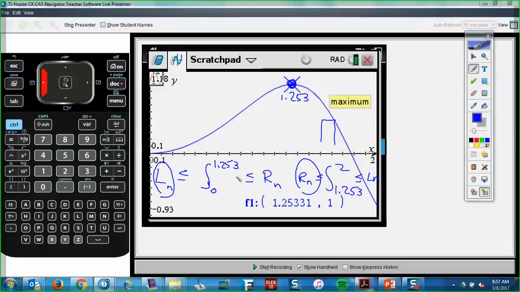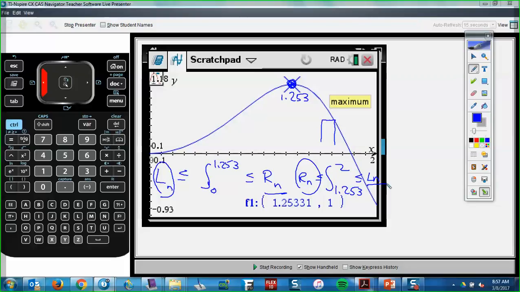And then if we took these rights and added them with these lefts, that would give us an over approximation of the 0 to 2. See how that's divide and conquer? We divide it up into pieces where we know it's increasing and where we know it's decreasing, and then do lefts for under here, rights for under there, and add that up. We would know that the actual answer has to be somewhere in between.